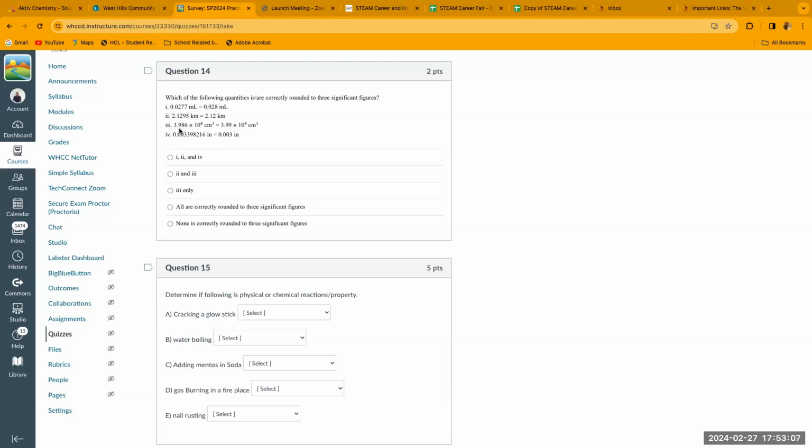Is that successfully rounded to 3 significant figures? So that's 1, 2, 3. Yep. So the third one is correct. What about the fourth one? How many sig figs is that? Okay.